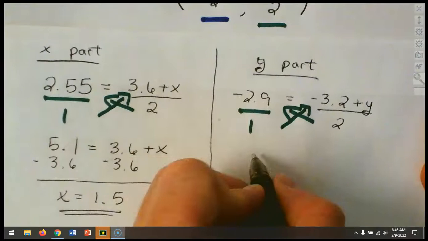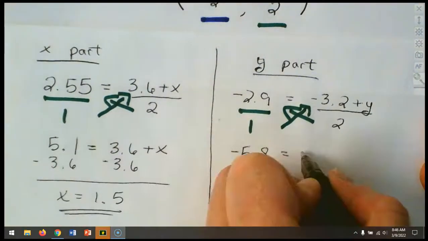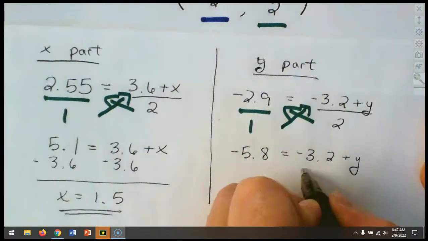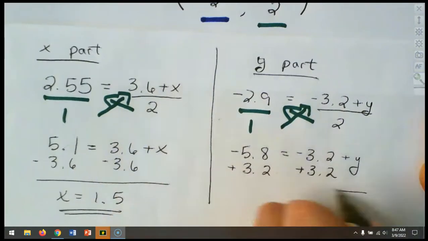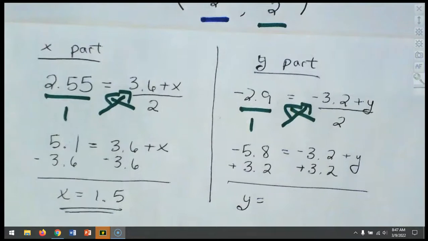Watch your signs. That's going to come out to be a minus 5.8. And that equals a minus 3.2 plus y. We'll add our 3.2 over. And now we've got our y component, which is then a minus 2.6.